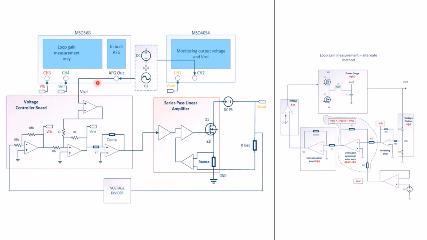While the power supply is at a DC operating point, the arbitrary function generator will inject an AC signal of desired amplitude and sweep through the range of frequency to obtain the loop gain measurement of the power supply.